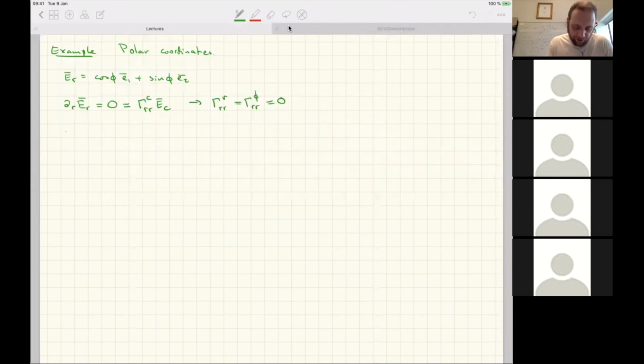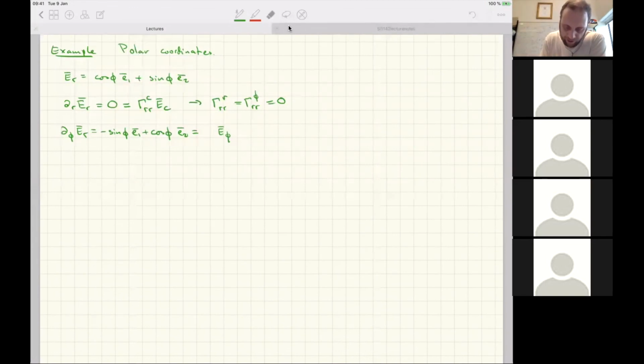And in a similar fashion, if you take the phi derivative instead, that's going to be minus sine phi E1 plus cosine phi E2, and that happens to be, let's see, minus r times E phi, if I did the math correctly. No, sorry, I did not do the math correctly.